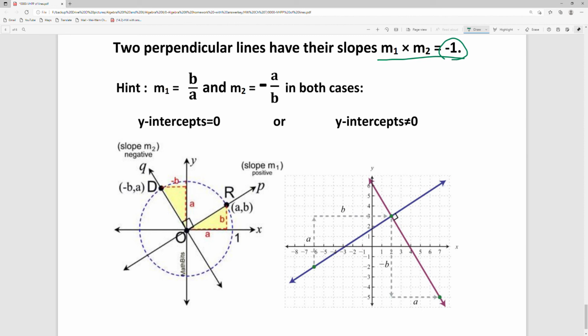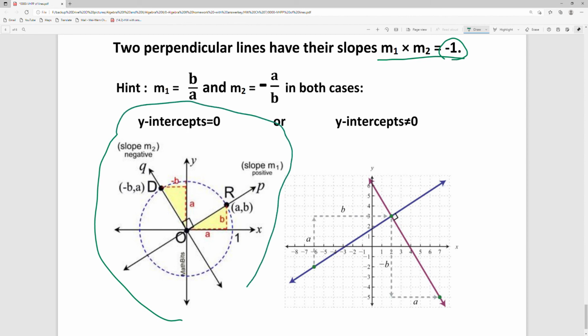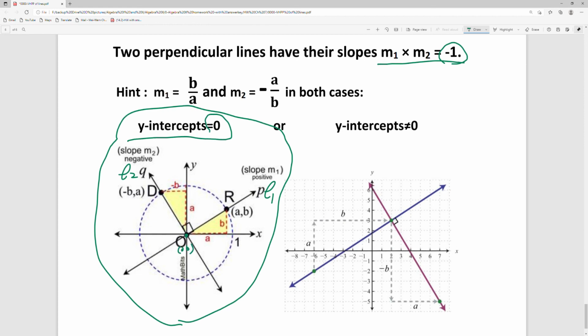Okay, from these two pictures. This case is when you have two lines, let's say line 1 and line 2. Line 1 and line 2 have y-intercept 0, meaning they intersect at (0, 0), the origin.